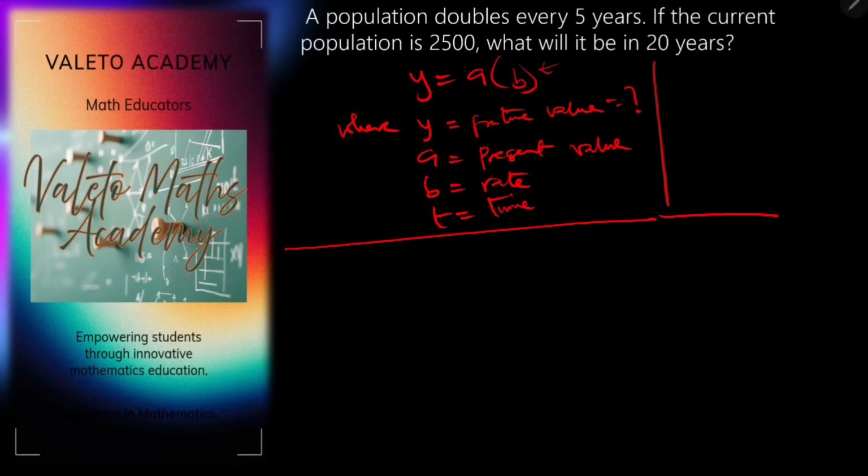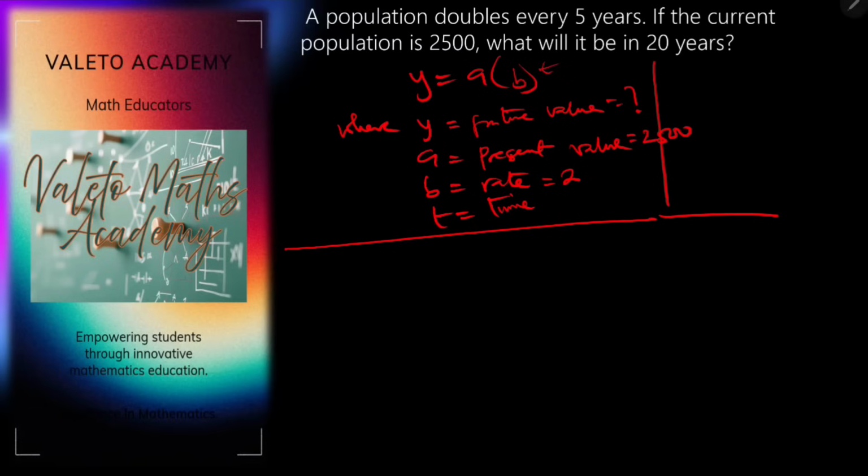What will be the population in 20 years, and the present population now is what? 2,500. And the rate, we are told that a population doubles every 5 years. So it means that the rate is 2, it doubles. And the time they want us to calculate is in 20 years.